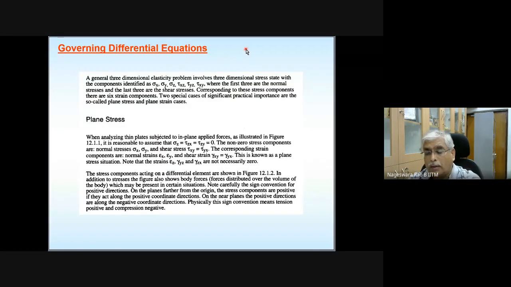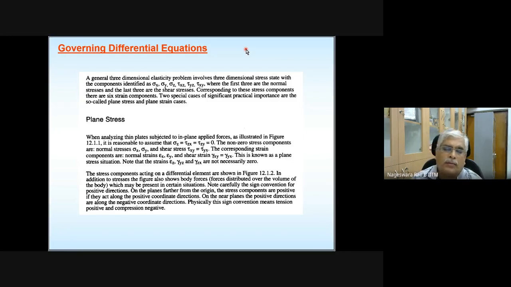So now we know that if a second-order differential equation is given for the two-dimensional case, we know how to proceed using the variational method, or the Rayleigh-Ritz method, or the Galerkin method.